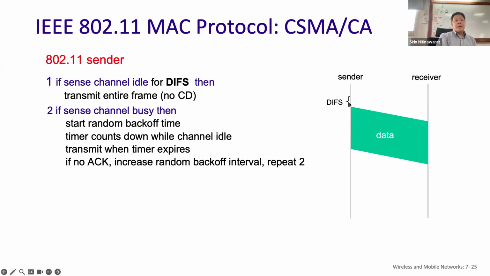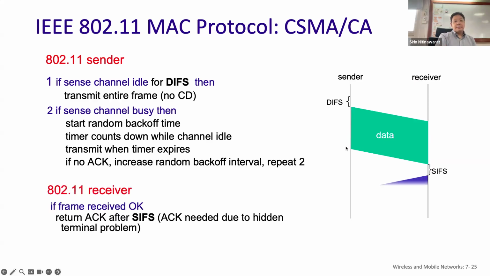So in this picture, if the channel is not busy for this period of time, then the sender can continue sending the real payload. After the reception of the sent data, the receiver will also wait for another predefined period of time before returning the acknowledgement frame.